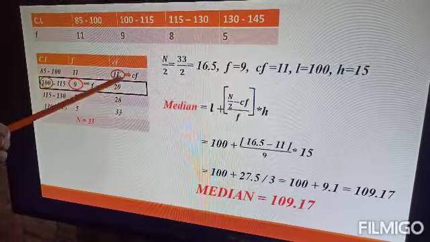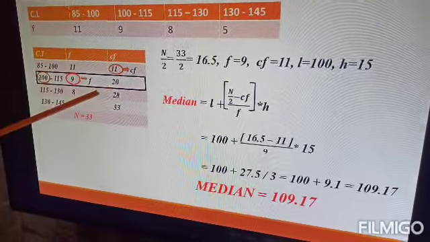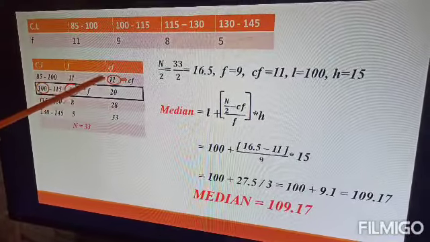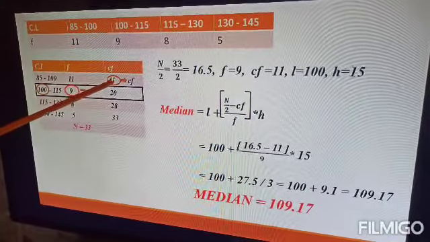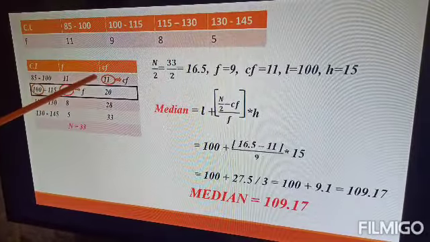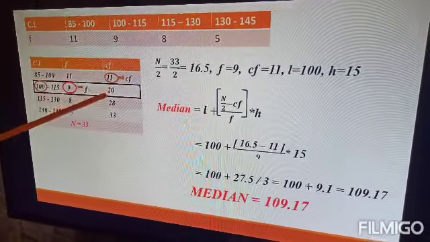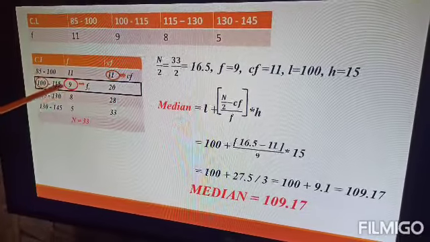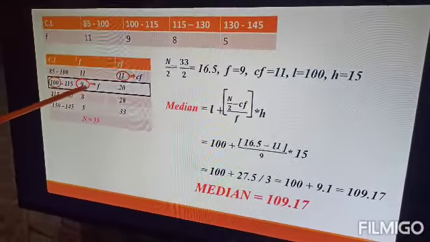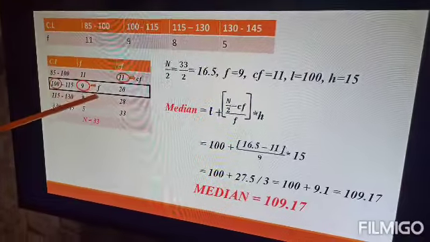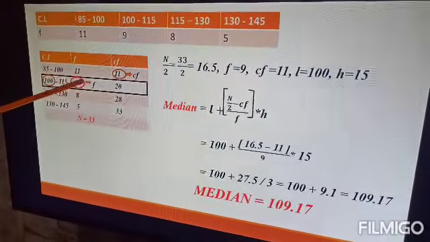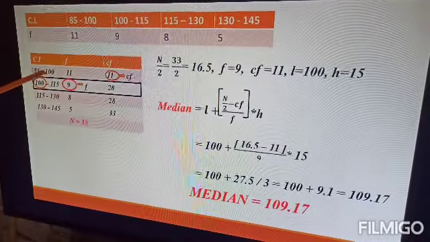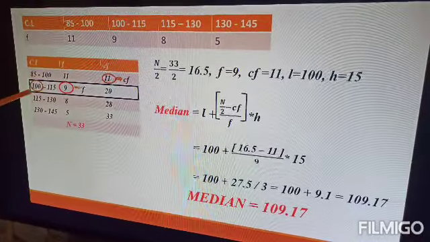We consider this class as the median class. Then the preceding cumulative frequency we consider as CF. Then the frequency of the median class, that is 9, we consider as F. Then from the second class interval we take the lower limit.